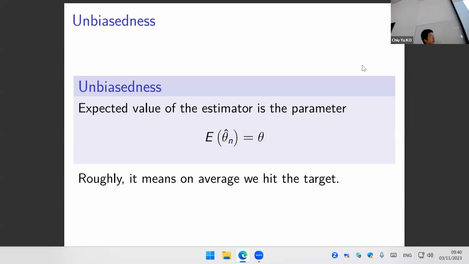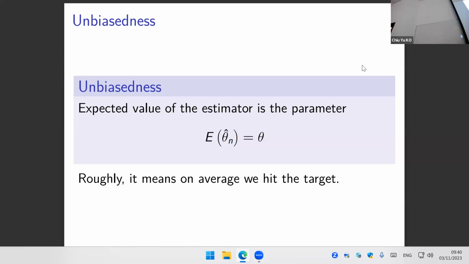So unbiasedness actually means, let me repeat again, if you have many samples, but do note that in general we will only do one. But suppose we're able to repeat ourselves to have many samples, and for each sample we use our estimator theta hat n.